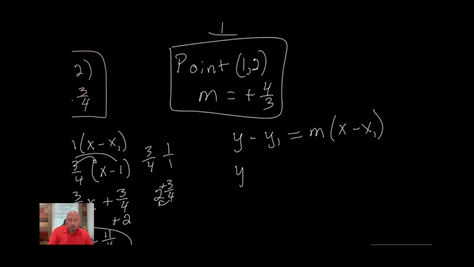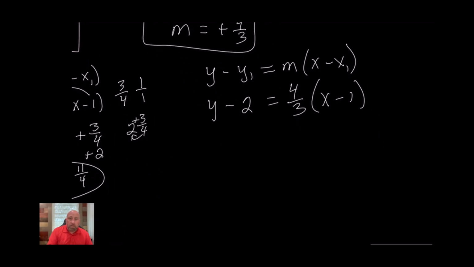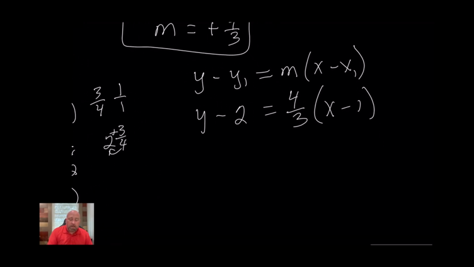Okay, so y minus, again, we're using the same point, so our y is still 2, equals our m, which is changed. Now it's 4 over 3 positive times x minus 1. Okay, and then we just work that equation right there.